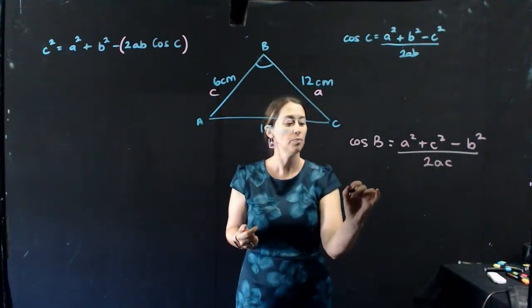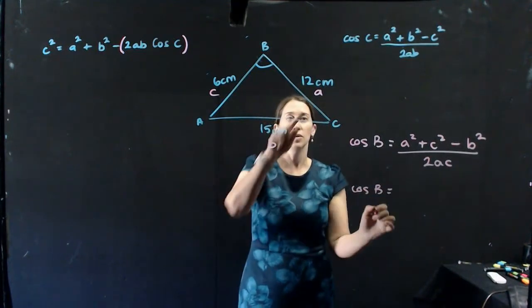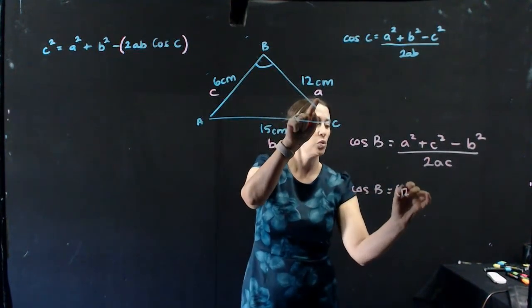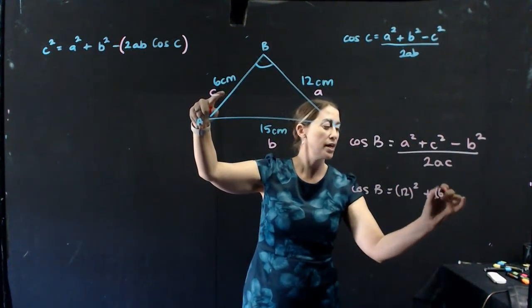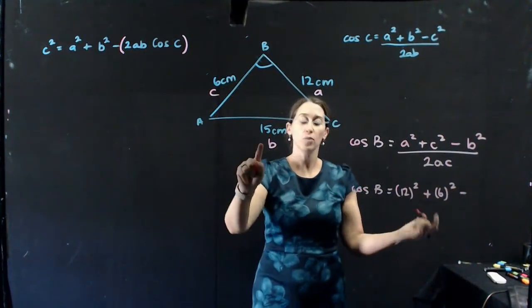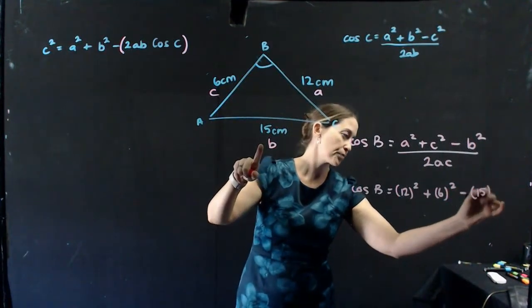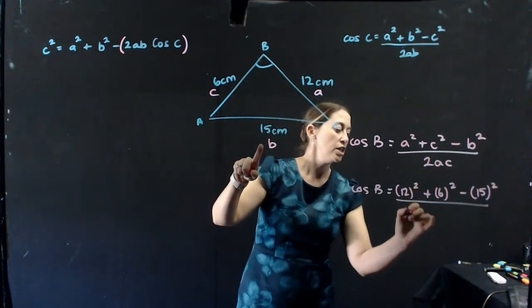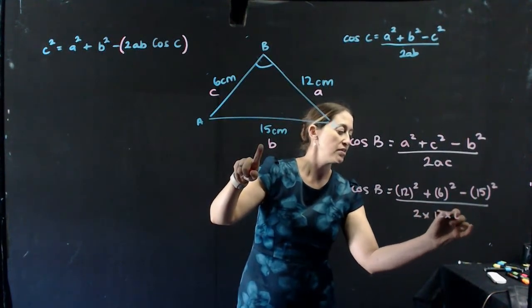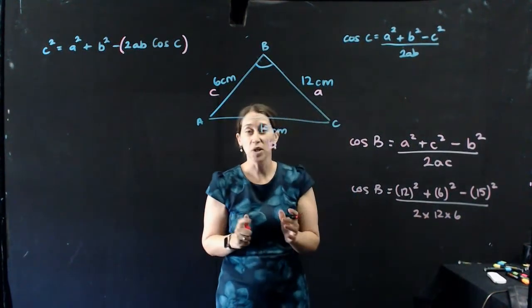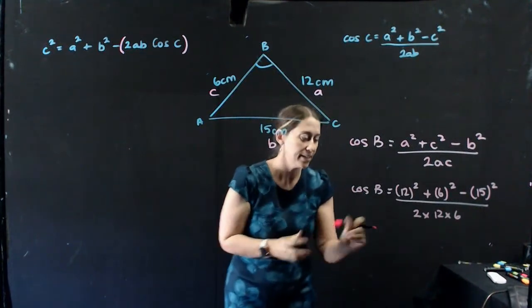So cos B equals, well, a is 12, so I'm going to do 12 squared. C is 6, so I'm going to do 6 squared. Take away b squared, which is 15 squared, all divided by 2 multiplied by 12 multiplied by 6. Again, try and work out as much as you can without the calculator.